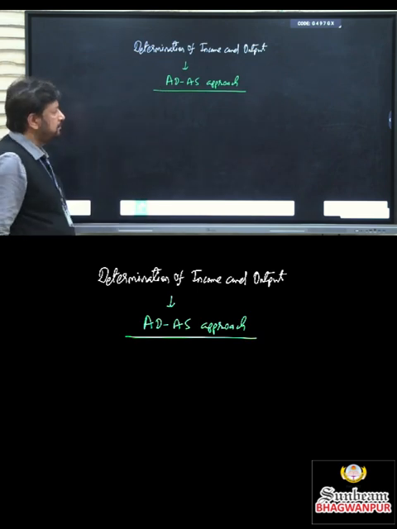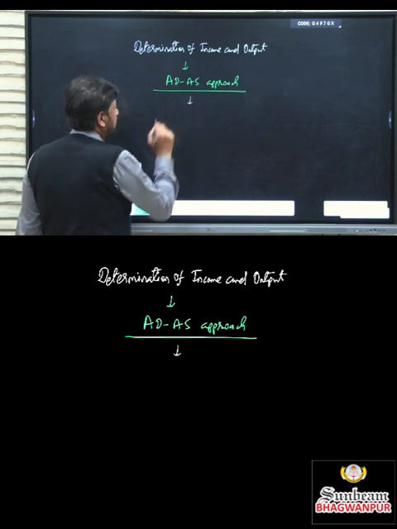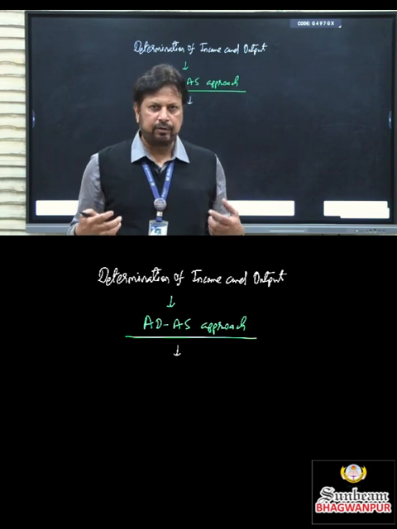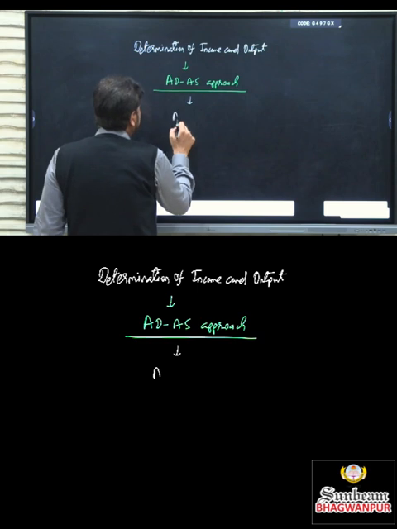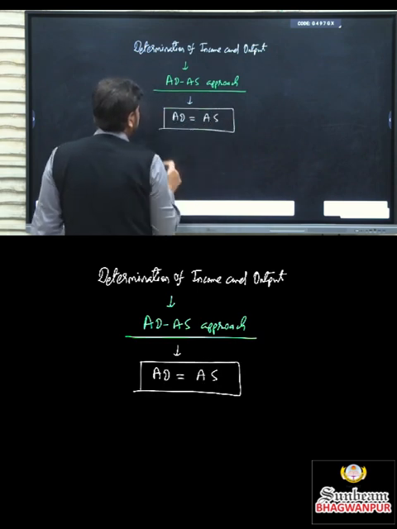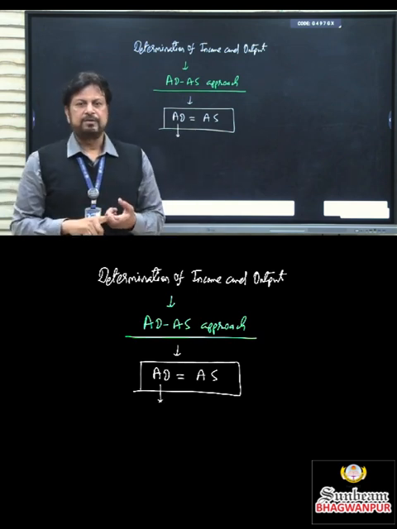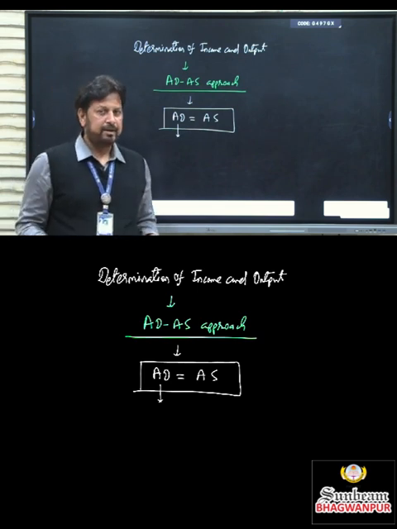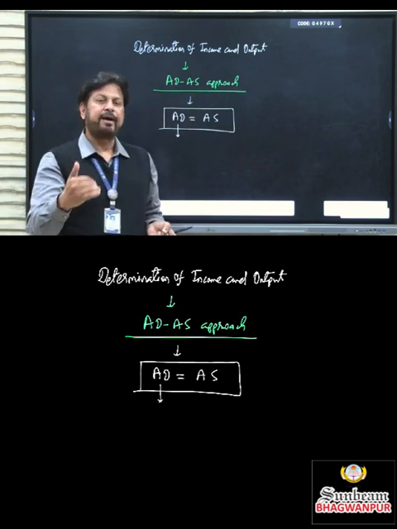According to the AD-AS approach, the economy is going to achieve equilibrium, the economy is going to be stable, where aggregate demand is equal to aggregate supply. You all know what the meaning of aggregate demand is: the sum of planned expenditure of households and firms. And what is aggregate supply? The sum of planned output by all the firms.